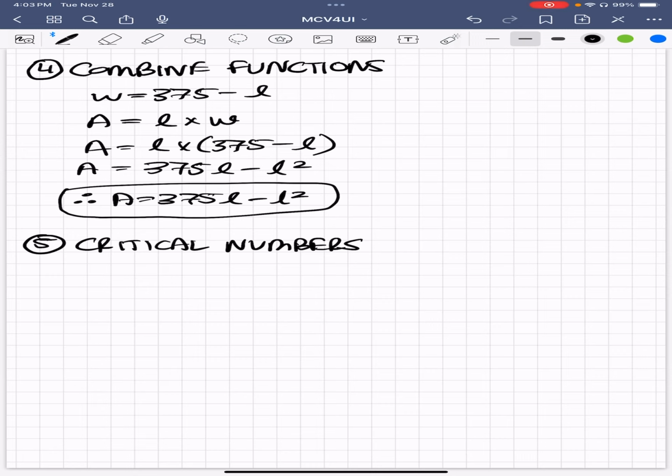Your calculated result will be substituted into this equation right here to find the maximum width of the garden. And right now we're finding the maximum length of the garden.